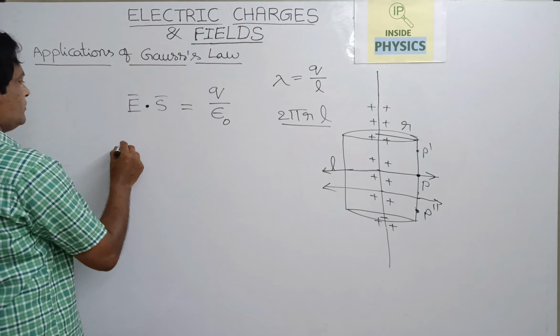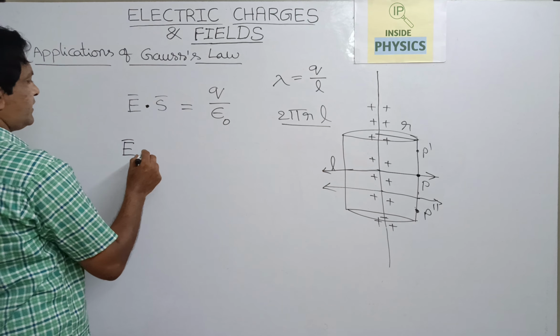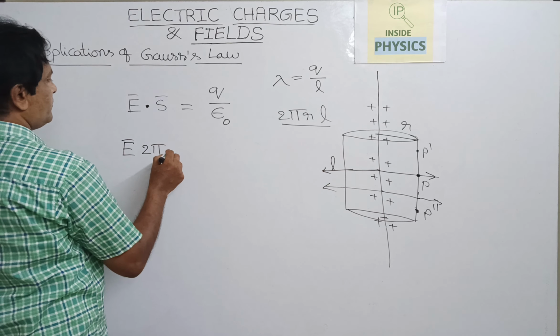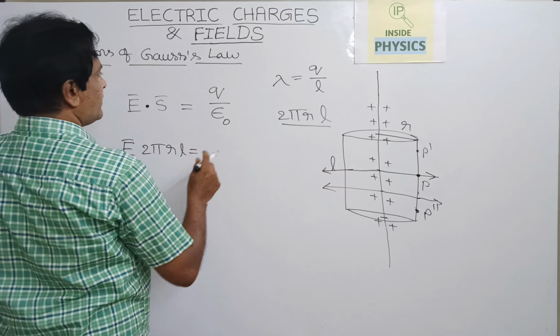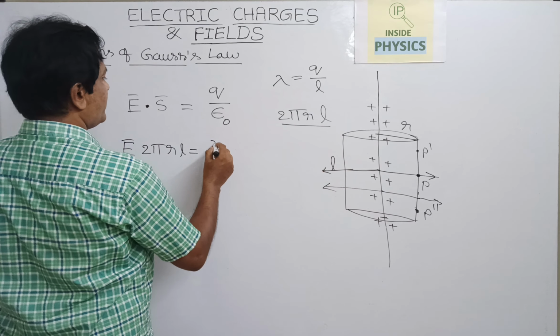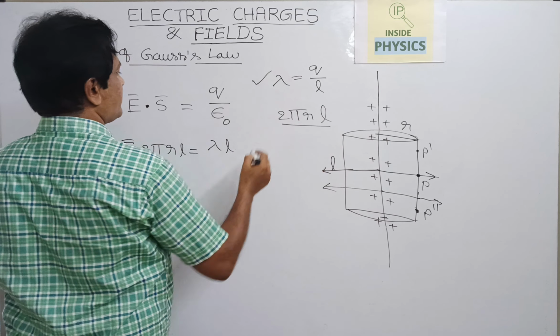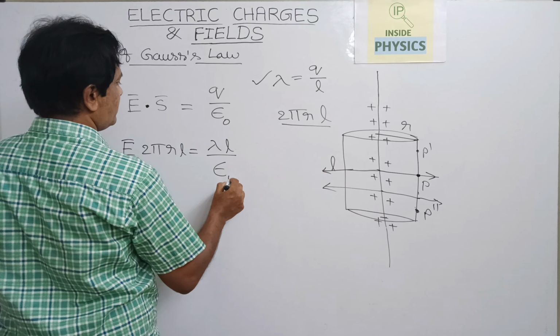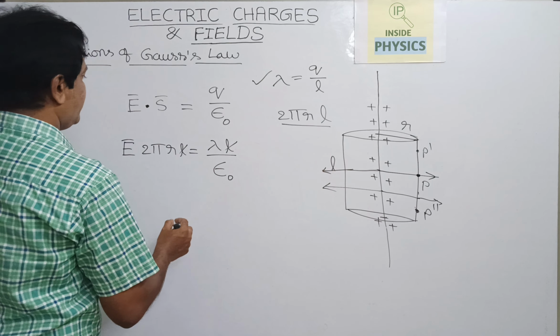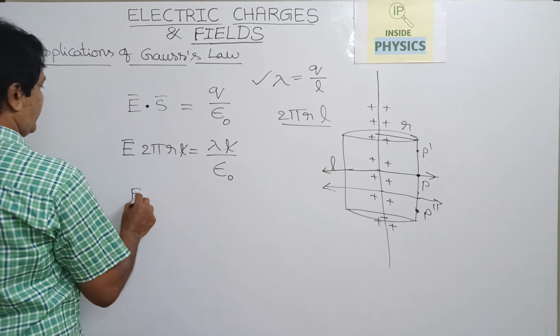So here, if you take electric field into 2 pi rl, Q is nothing but lambda L, divided by epsilon naught. So L will be getting cancelled.